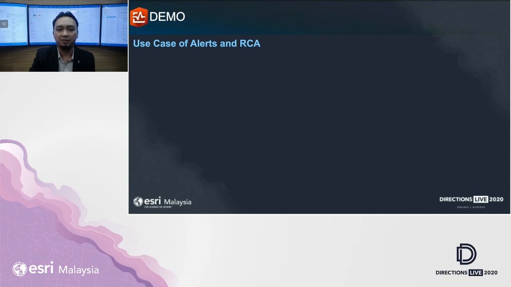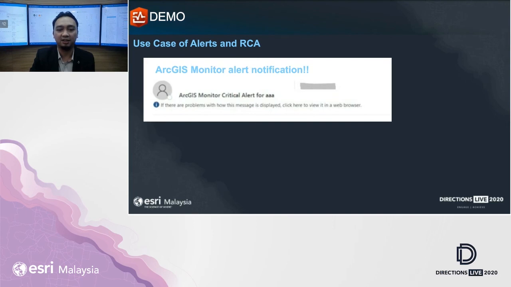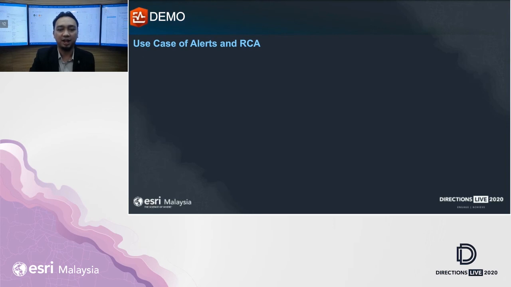I would like to share with you one incident that I captured a few days ago. That night around 10 p.m., I received an email from my monitor saying that I have critical alerts to be checked. Based on the email notification, I quickly logged into ArcGIS Monitor and opened the alert page.